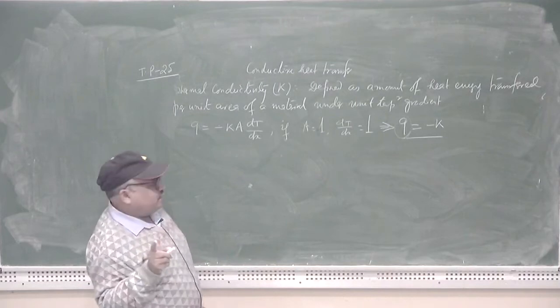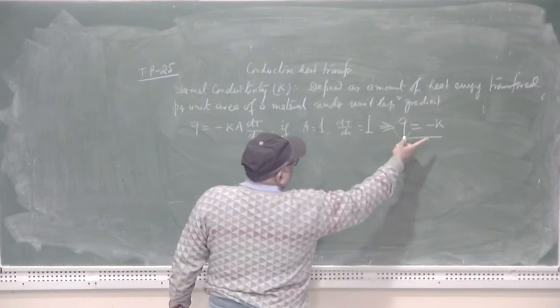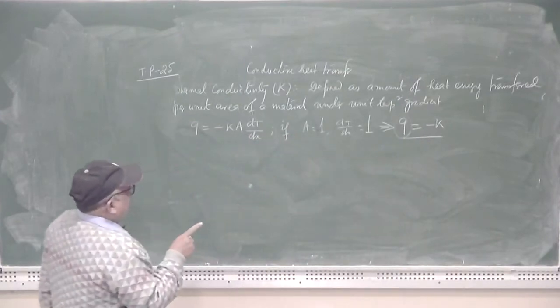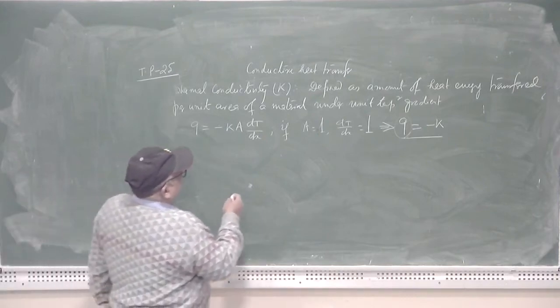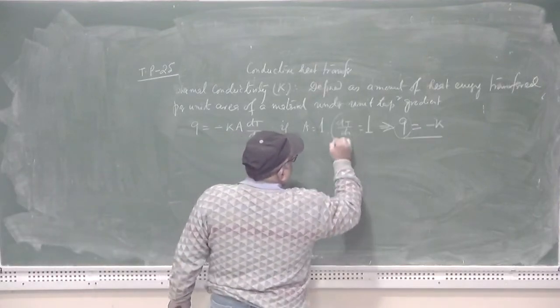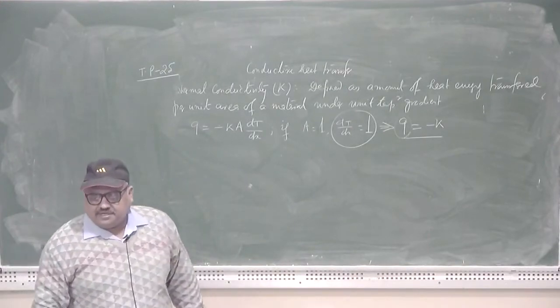Even if you are not taking the area equal to 1, and you define Q by A equal to minus K, then also it is the amount of heat energy transferred per unit area of the material under unit temperature gradient. This is the definition of the thermal conductivity of a material.